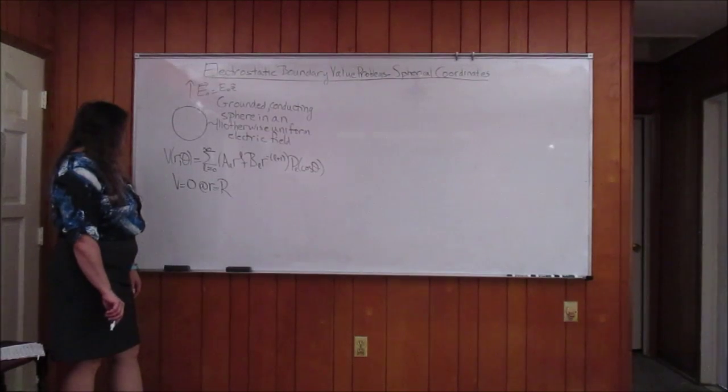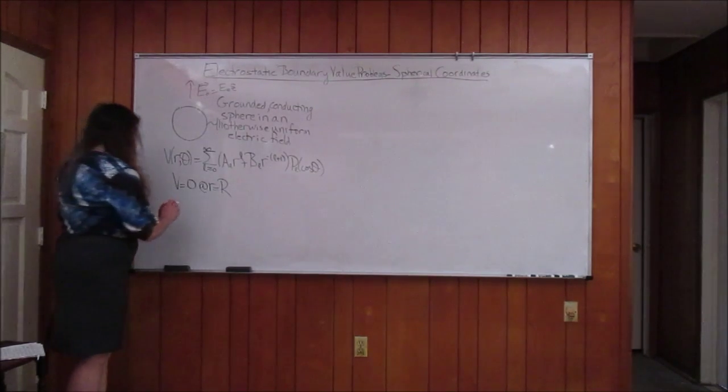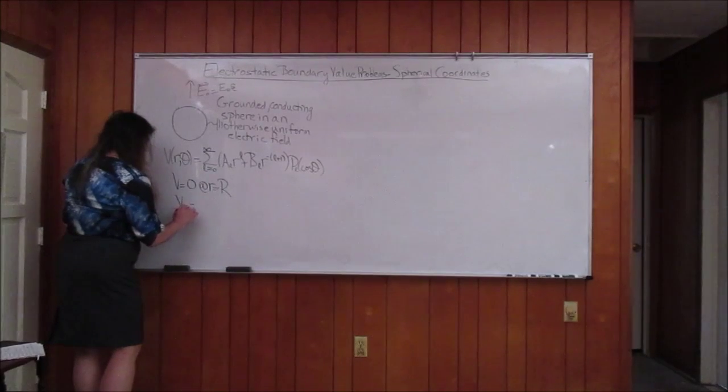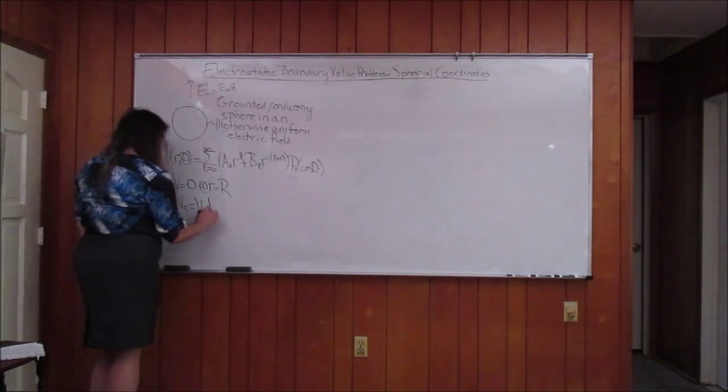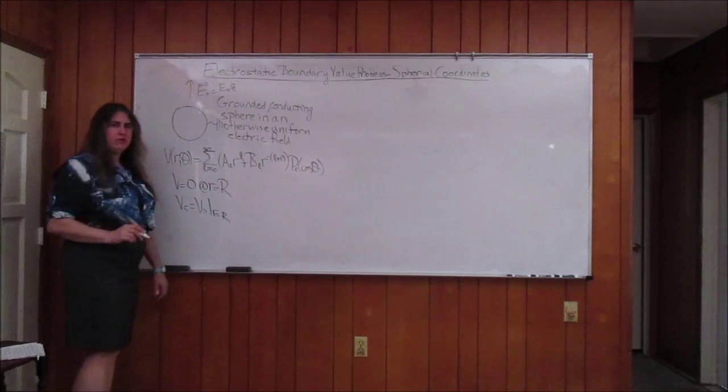What other boundary conditions do we have? Well, we know that the potential is continuous at the surface of the sphere.